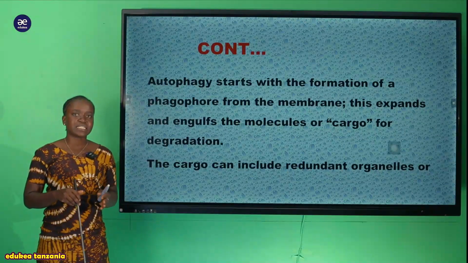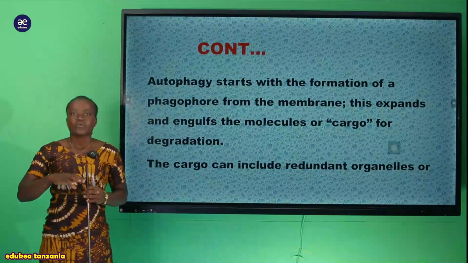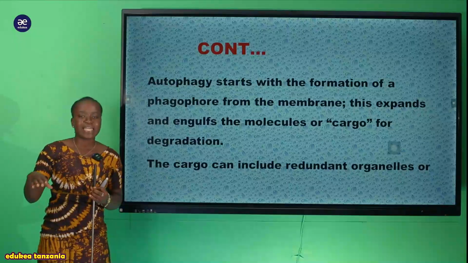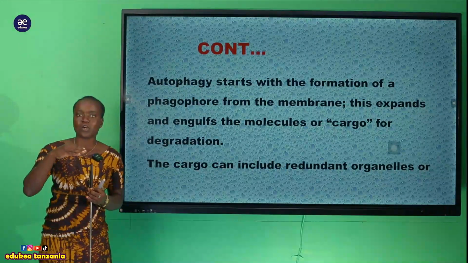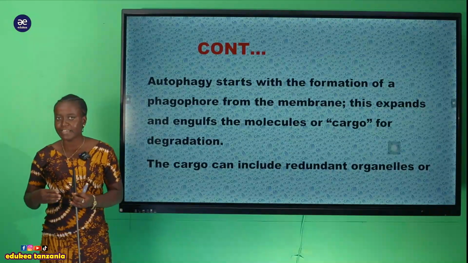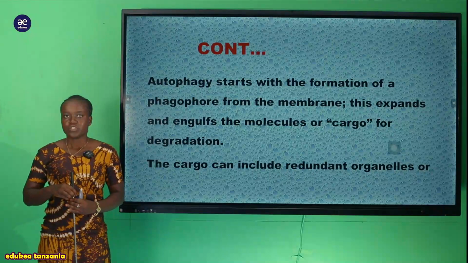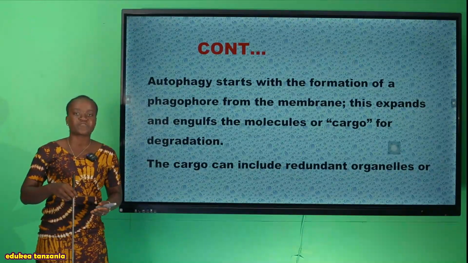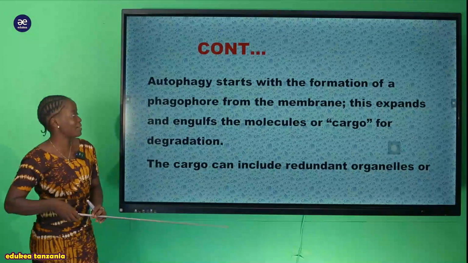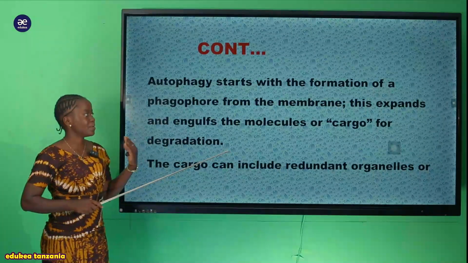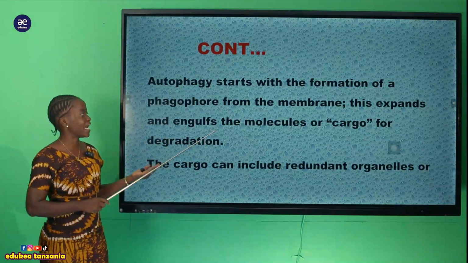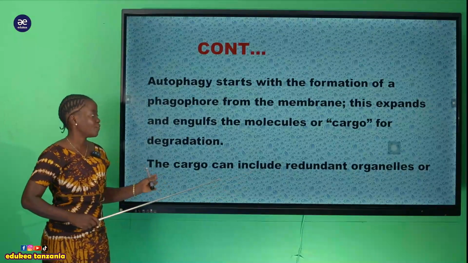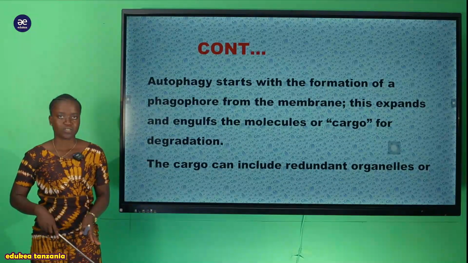First, we have seen that kunakuwa na muungano kati ya ile component au ile cellular component ambayo inakuwa haifanyi kazi na cell membrane. So hiyo membrane ikishaungana pamoja na hiyo dysfunctional component, ndipo ambapo ile membrane inaexpand and then it engulfs the molecule or cargo for degradation.